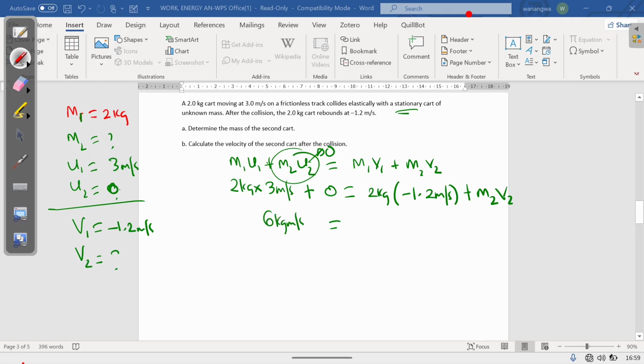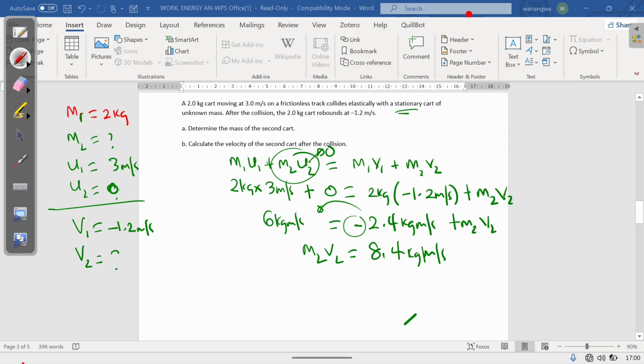That will be equal to 2 times 1.2, that gives us negative 2.4 kg meters per second plus m2 v2. Then from there, this can go that side. When it goes that side, it will be m2 v2 equals 8.4 kg meters per second. Why? Because when it goes that side, it will become positive, and they will add.